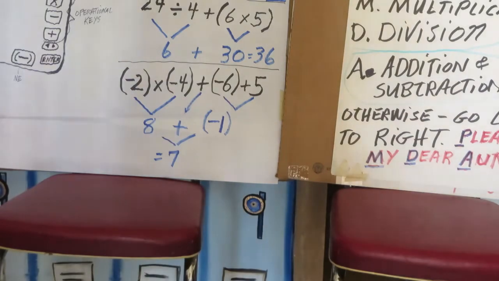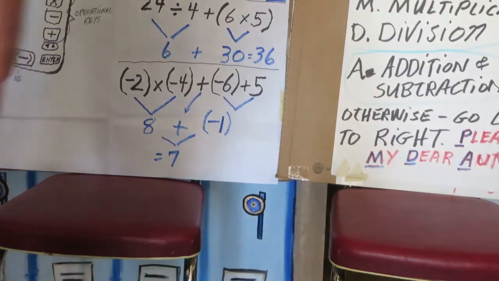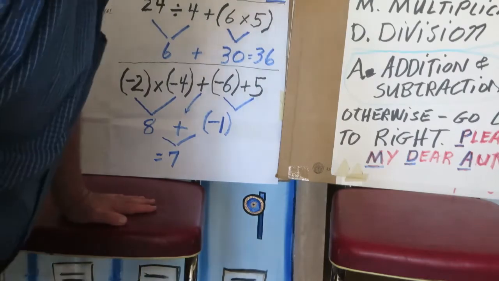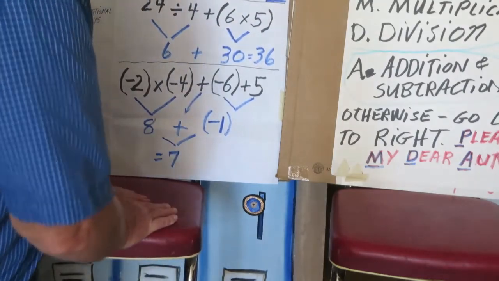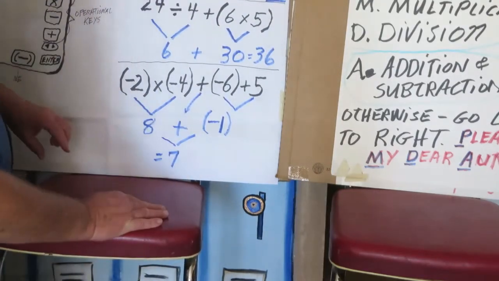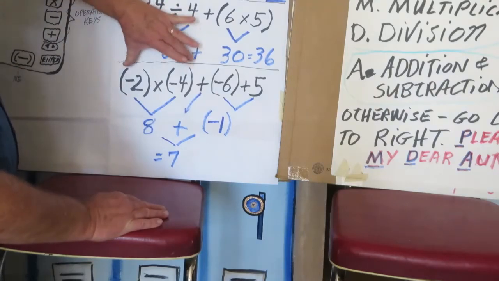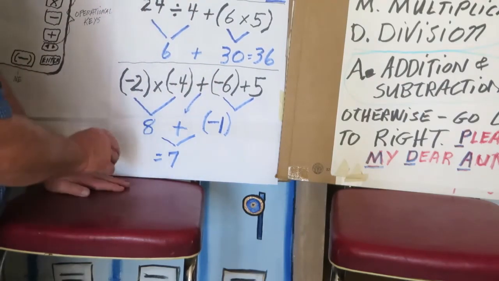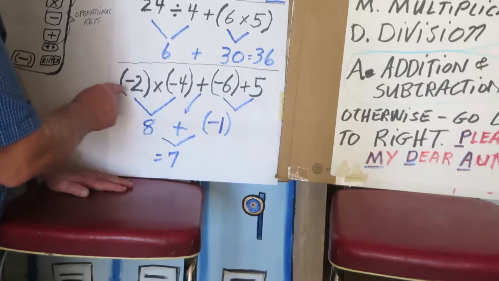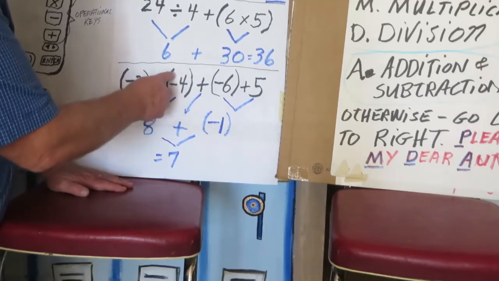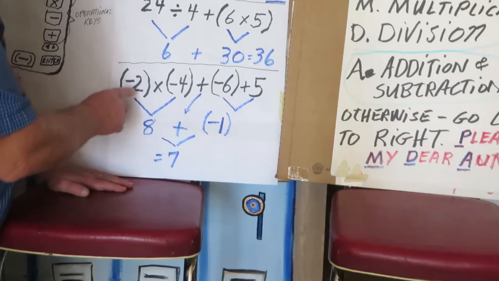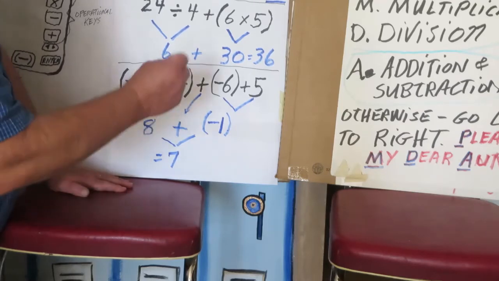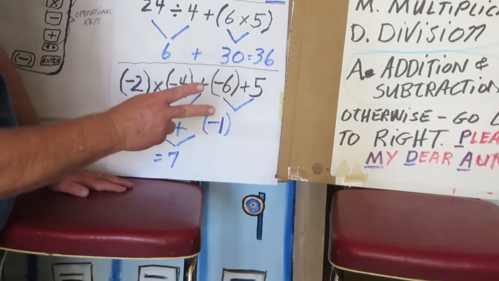So according to PEMDAS, there's no work to be done in parentheses. There are numbers in parentheses that don't count, because there's nothing to be done inside individual parentheses. So there's no parentheses and no exponents.